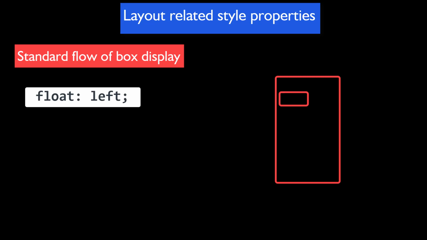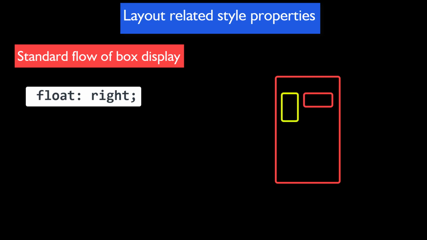And if there's room, other content can begin on the right. A float of right generates a block box such that the right edge of the box is adjacent to the right edge of its containing box, adjusted by any padding, border, or margin. And if there's room, other content can begin on the left. Usually, for this to be useful, you need to set the width of these boxes less than 100%.